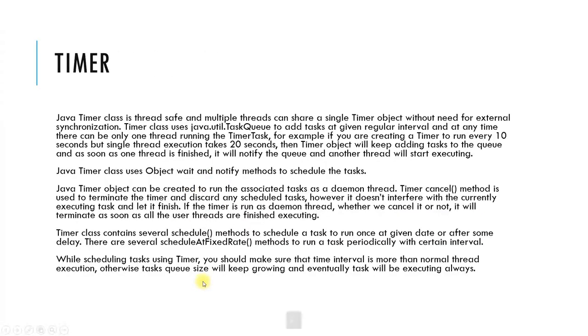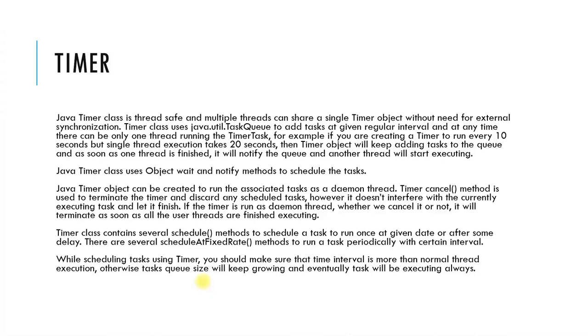Timer. The Java Timer class is thread safe, and multiple threads can share a single timer object without the need for external synchronization. The Timer class uses a java.util task queue to add tasks at a given regular interval, and at any time there can be only one thread running the timer task.